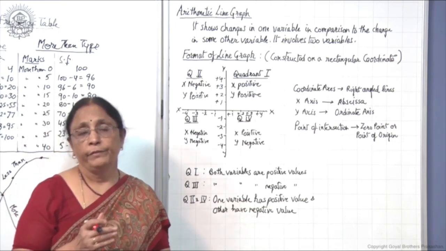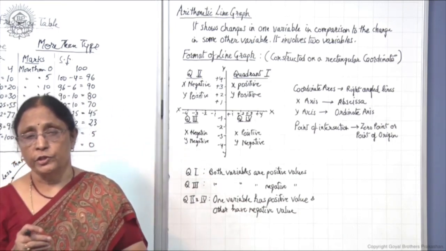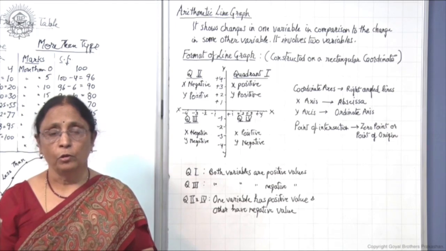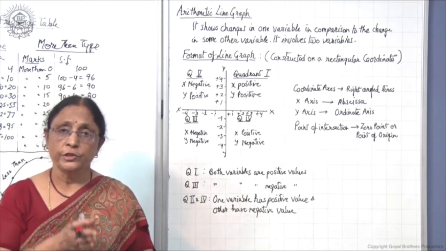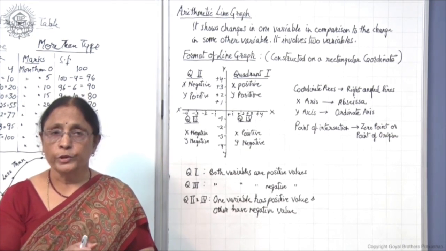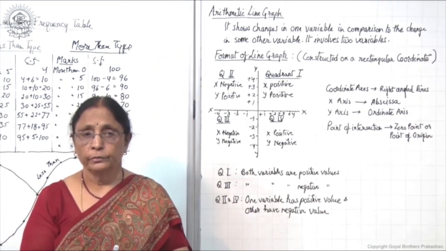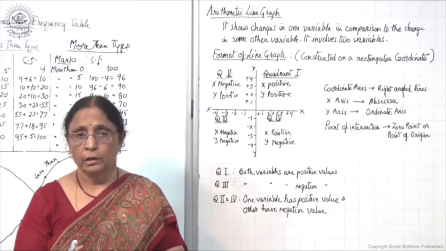Same way, when we say that when price changes, demand also changes, so here demand is changing due to change in price. So which is the independent variable over here, price or demand?